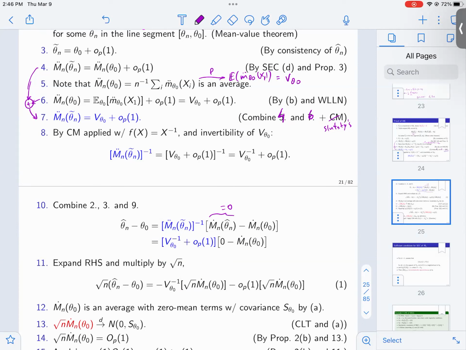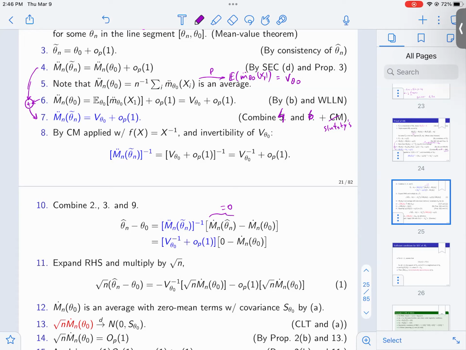At this point, this is the distributive part that Brian was mentioning. So I can distribute things, but this little OP of 1 multiplied by this is not going to necessarily work out for us. Actually, it's going to work out. It's fine. But what I'm going to do is multiply both sides by root n, because that's the scale I care about.